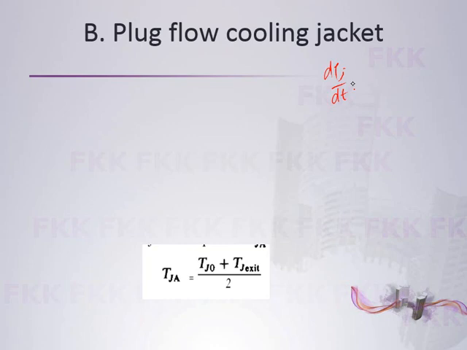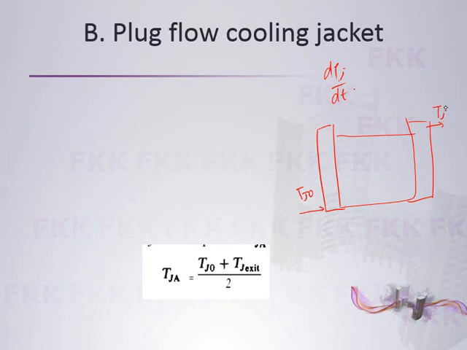But now we are trying to be smarter in this case. So say for example, you have a reactor and then you have a coolant, and in this case this is your TJ0, this is your TJ exit.